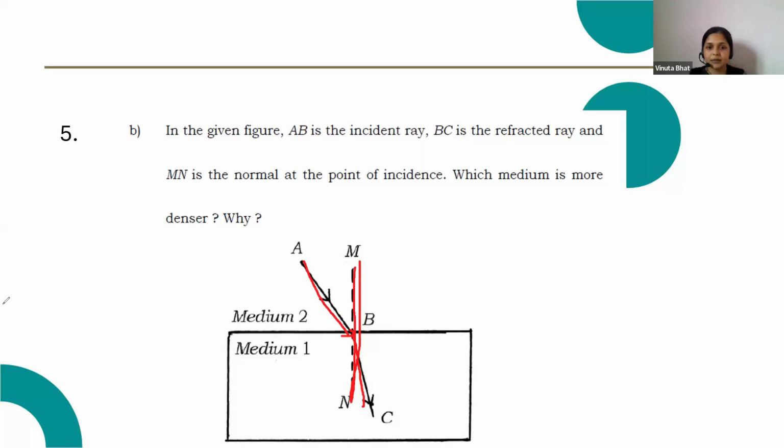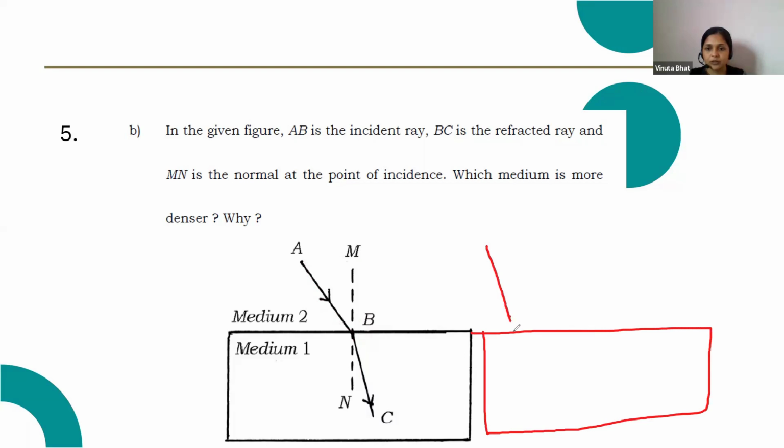But there is one more case possible, medium 2 to medium 1, and this is the line MN. Here you can observe this type of refraction also. But here you have to find out which medium is the dense medium.